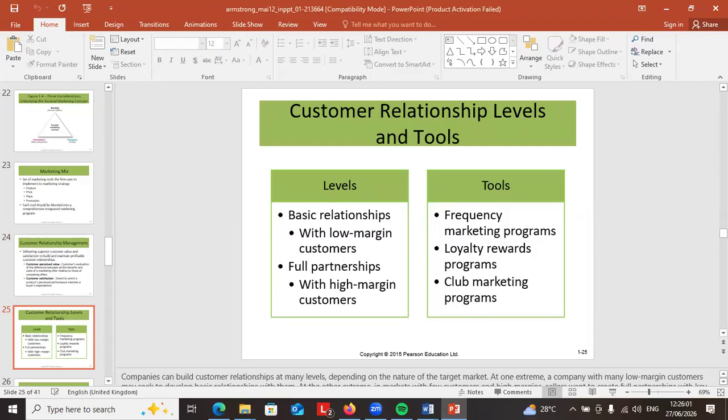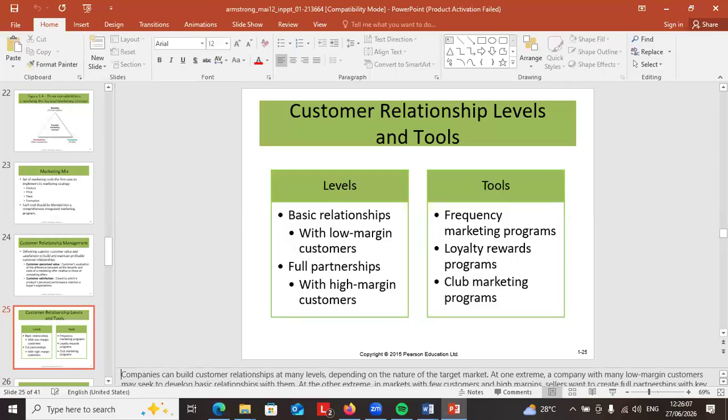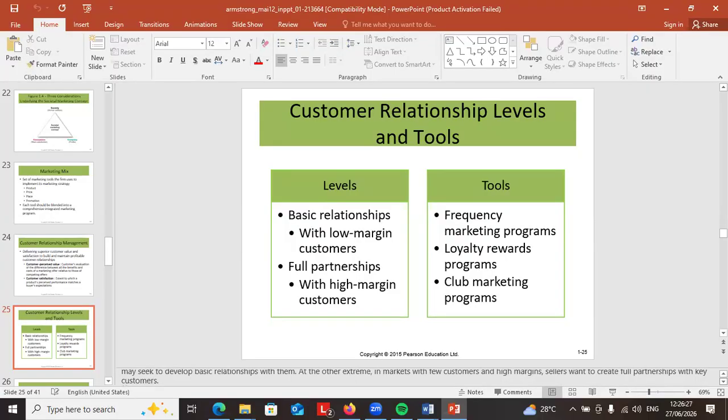At one extreme level, a company with many low-margin customers may seek to develop basic relationships with them. At the other extreme, in markets with few customers and high margins, sellers want to create full partnerships with key customers.